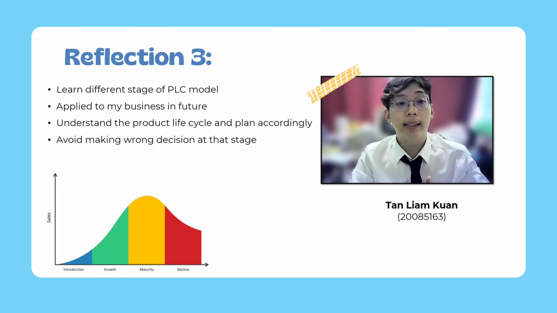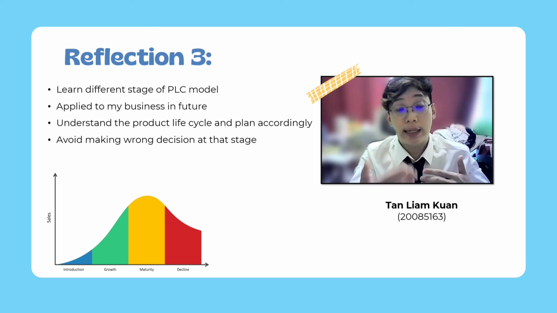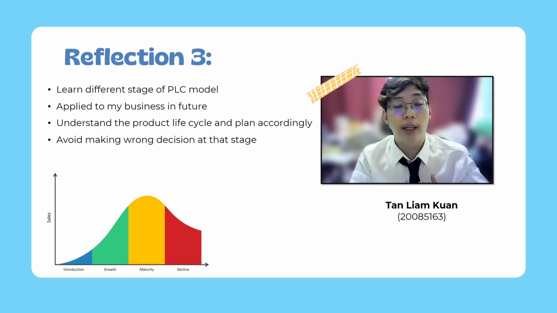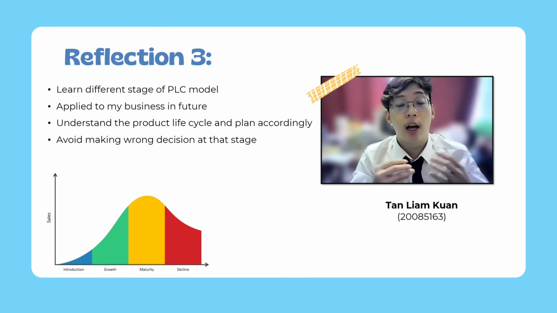I understand the characteristics of a product at different stage of product lifecycle, and we must plan accordingly to address the situation or issues that might arise during the current situation or future product stage. Moreover, to avoid incorrect assumption about the product cycle and make decisions that have a negative effect on business operation and cash flows.